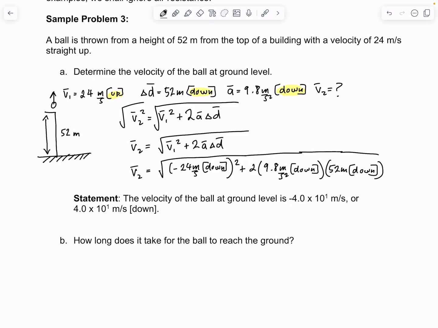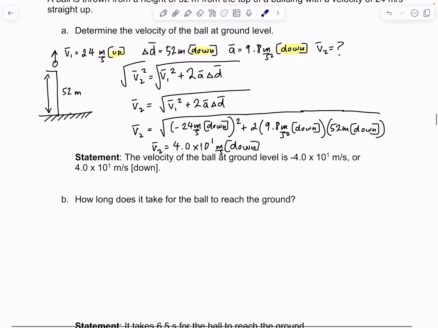To 2 significant digits, we should get the final velocity is 4.0 times 10 to the power of 1 meters per second down. So our statement: the velocity of the ball at ground level is negative 4.0 times 10 to the power of 1 meters per second, or 4.0 times 10 to the power of 1 meters per second down.